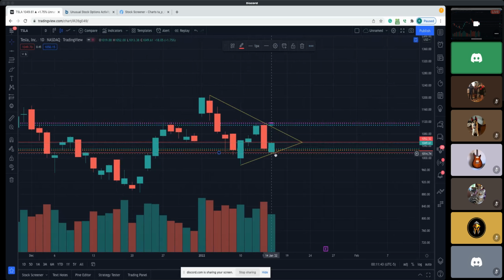So we're looking at 1018, 1013. What's the low of that red candle? 1009. No, the Thursday candles. Oh, Thursday. Okay. So 1030. Yes, that's close to $15.